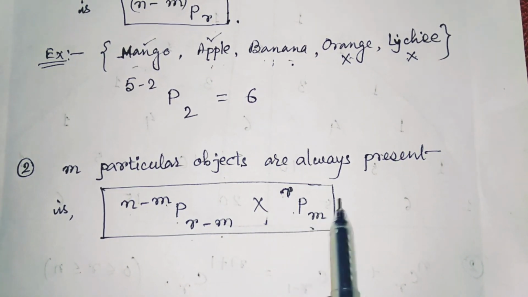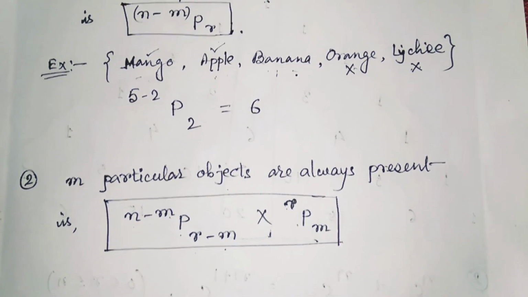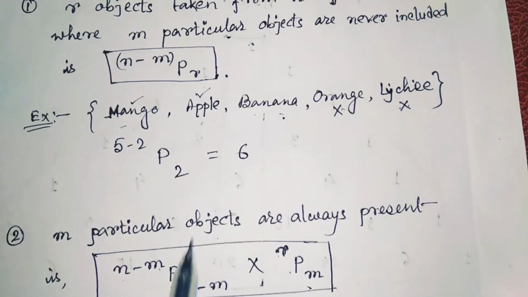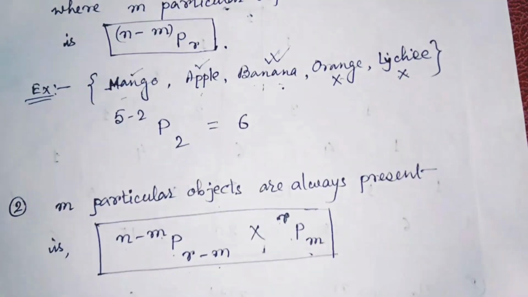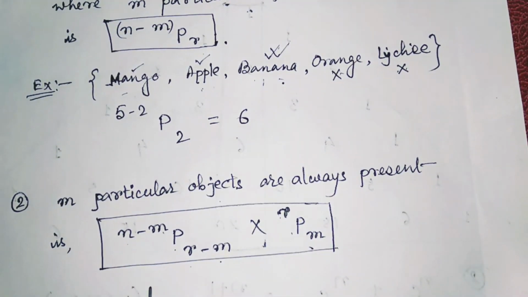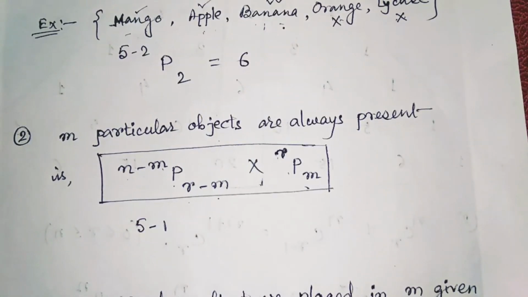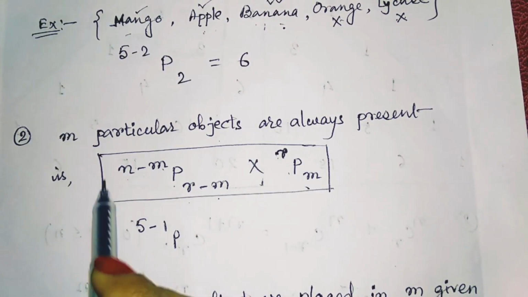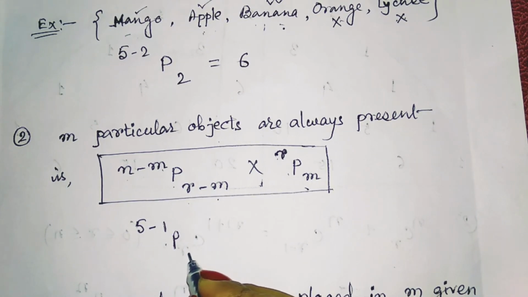So what will we do when some objects are always present? Suppose in the previous example, 5 different fruits are there, and banana is always present, so the remaining number of fruits is 5 minus 1, then P, and our total number of choices is the same, 3. So out of 3, banana is always there.